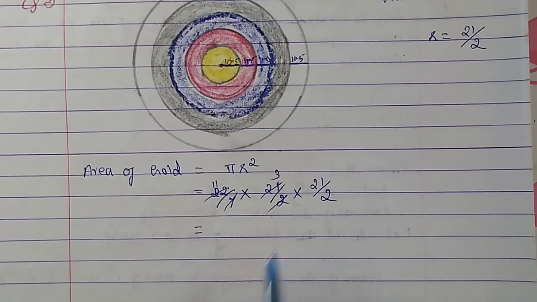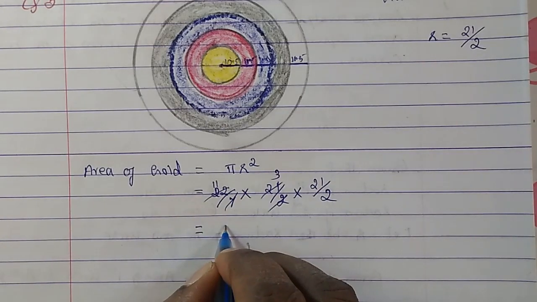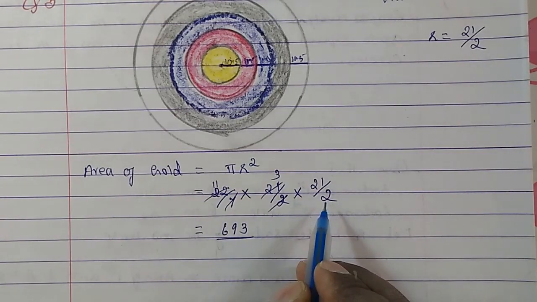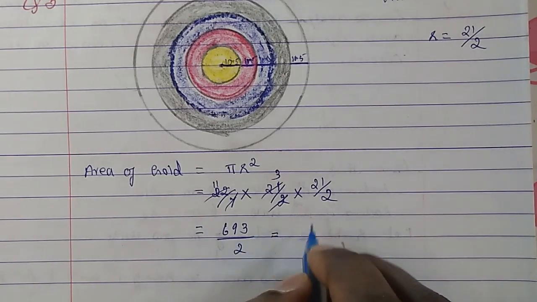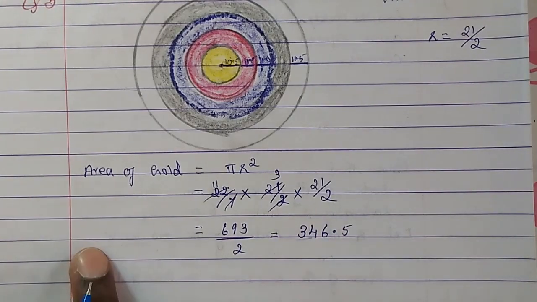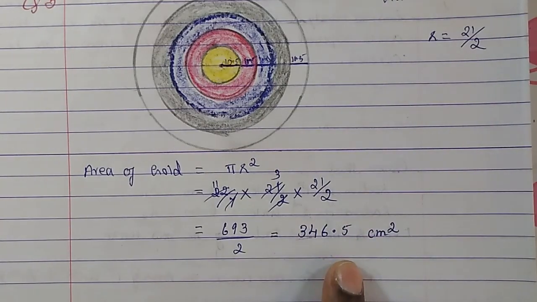Now for the remaining ones, 11 into 3 into 21, you multiply, you will get 693 and here you have 2 left. If you divide this, we will get 346.5. Since we have found out the area of gold, it is centimeter square because it is area.